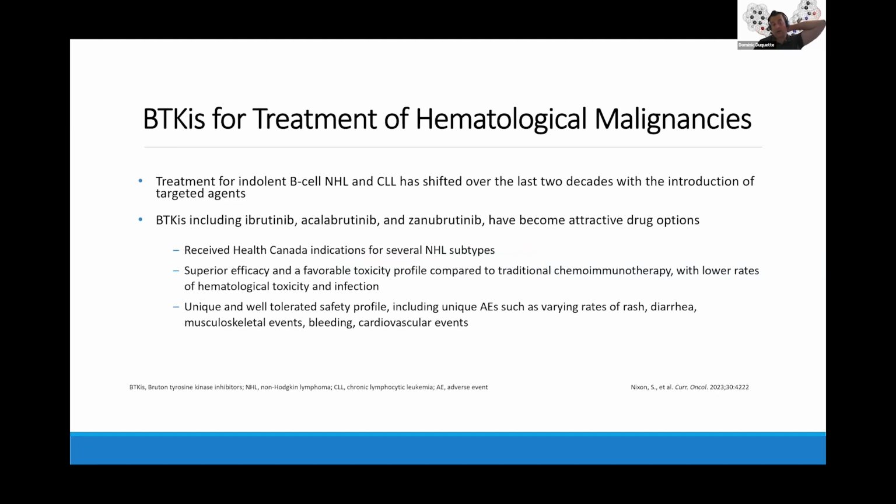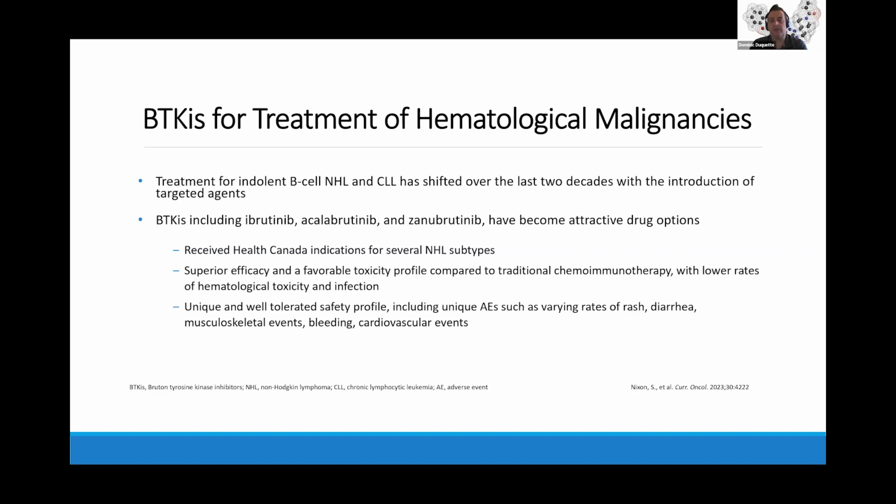So as a background, BTKis are being used in multiple diseases that involve B cells, so in non-Hodgkin lymphoma and CLL. They've been around for a while with ibrutinib, but now we have acalabrutinib and zanubrutinib that are available. So there are some unique things about these three drugs.